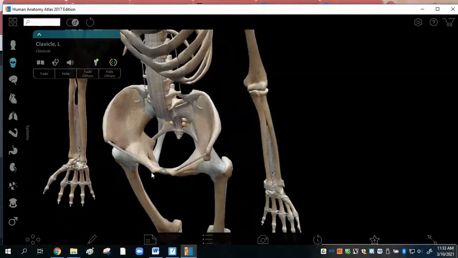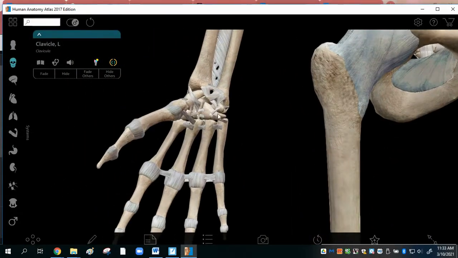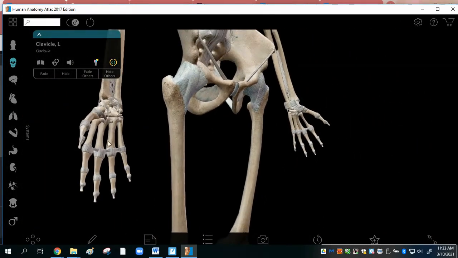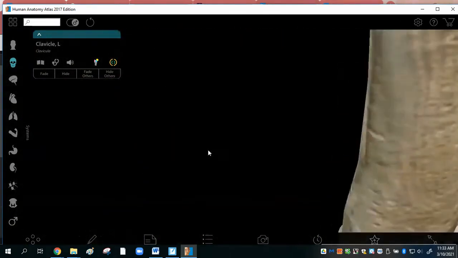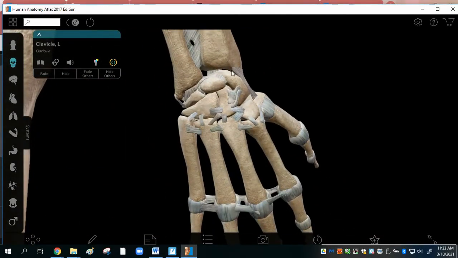A couple more examples are the joint between each one of these individual carpal bones, which is considered a gliding joint. And if you look, I've actually deleted some ligaments, but there are so many ligaments that hold this area together that you understand how that's the only motion that's going to be allowed. Between the carpals and the metacarpals is just a gliding joint.